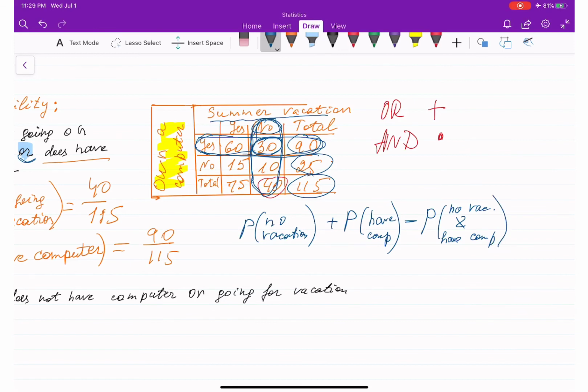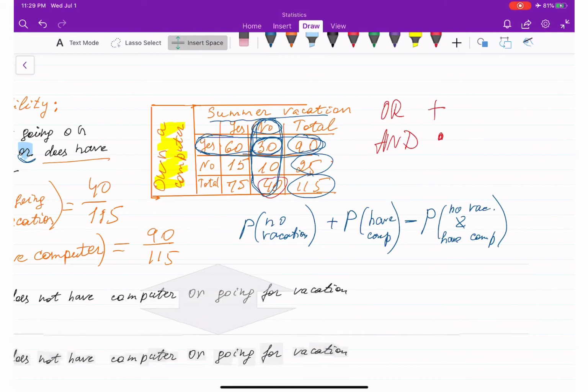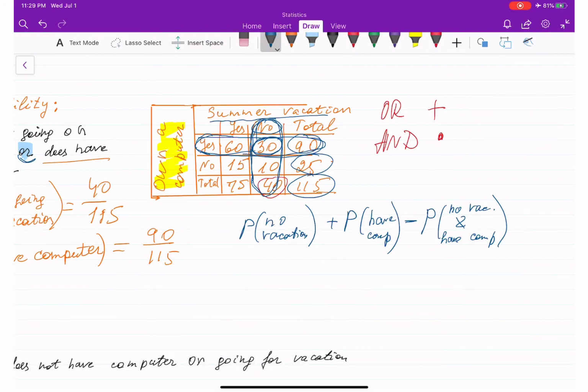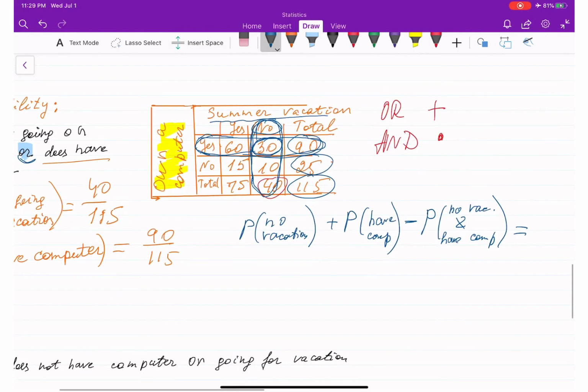All right, so this is going to be equal to 40 over 115 plus 90 over 115 minus this 30 over 115.